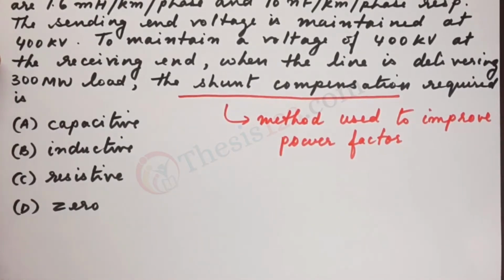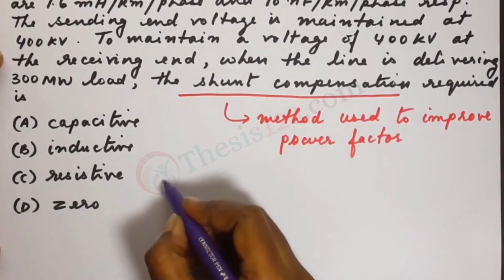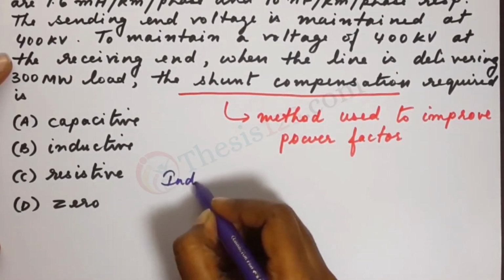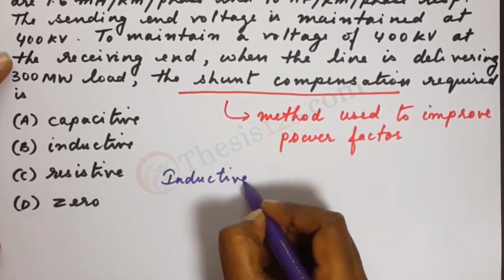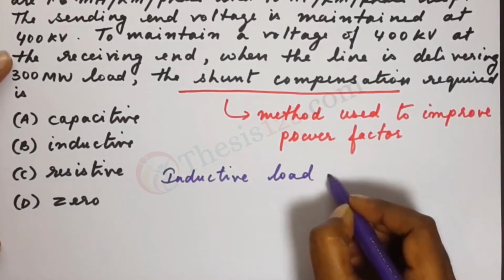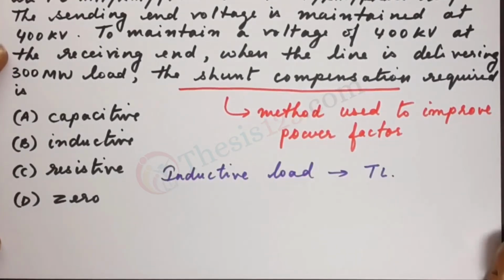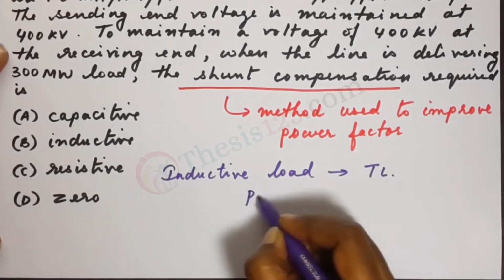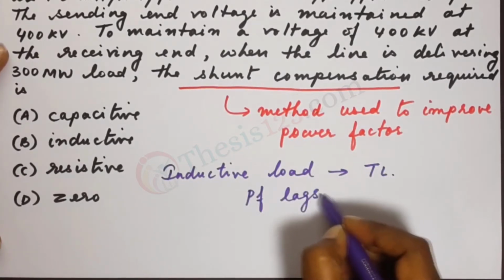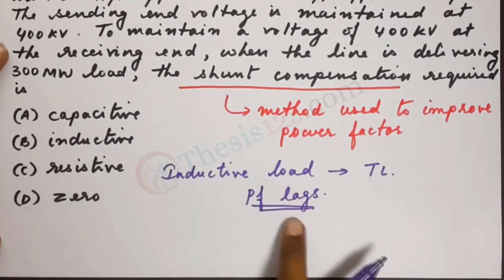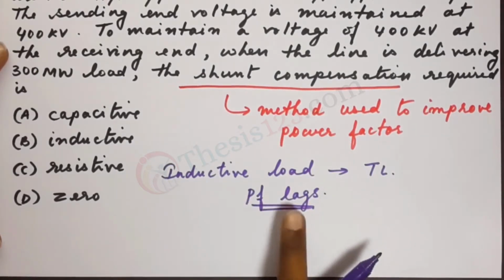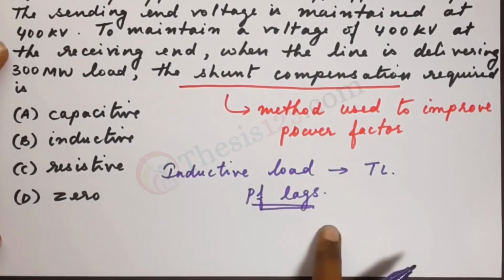So if we were to have an inductive load that is connected to a transmission line, in this case the power factor lags. For an inductive load, the power factor would lag, and that is because of the lagging load current.